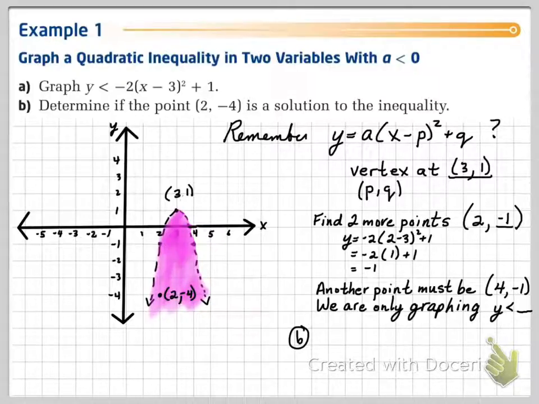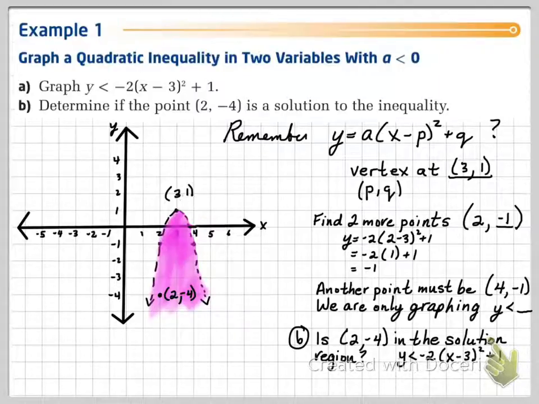If we take our original inequality, y is less than negative 2 times (x minus 3) squared plus 1, and plug in x being 2 and y being negative 4, we get negative 4 is less than negative 2 times (2 minus 3) squared plus 1. When you clean it up, you get negative 4 is less than negative 1, which is true, and correctly shows that it is in our solution region.